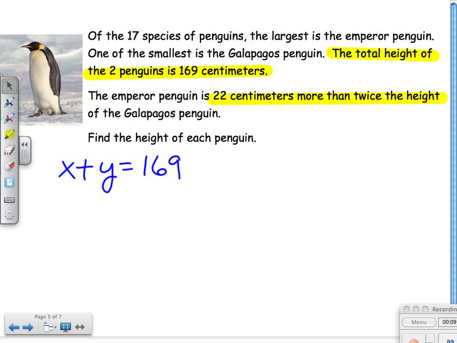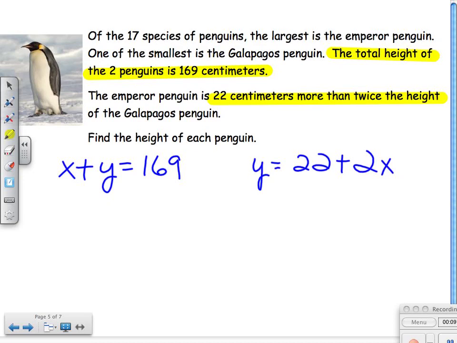If we're going to use x and y, we could say that y equals 22 plus 2x, right? 22 centimeters more than twice the height of the other one. So now we have 2 equations and we can solve our systems of equations, right?